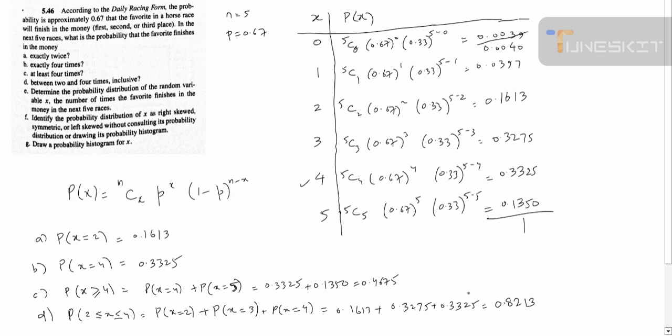And as we have already constructed the entire probability distribution at the beginning, we can answer each and every question in an easier and quicker way. Then identify the probability distribution as right skewed, symmetric, or left skewed. It depends upon the probability value.